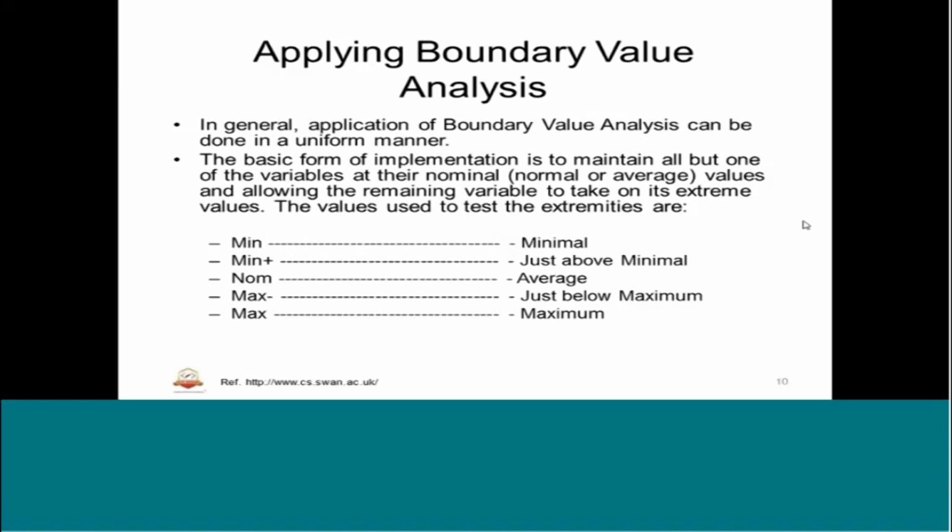So we are going to have a minimum, just above minimum, then nominal, nominal is nothing but average or normal, then we have a maximum value, then a value little less than that, just below maximum. So these are the extremities we are going to consider for forming the boundary value analysis.